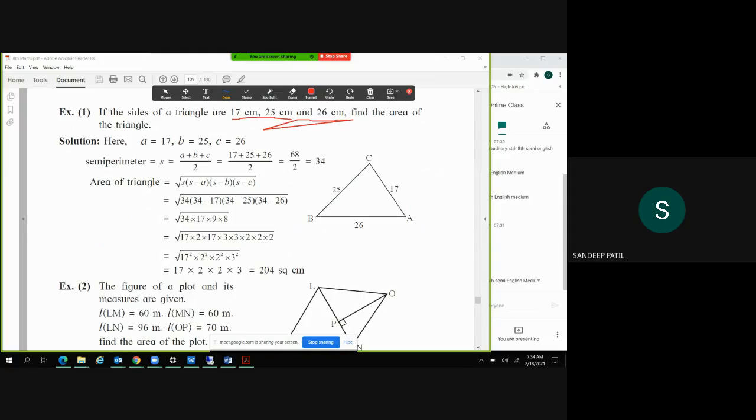We know A, B, and C, and any value can be interchanged between A, B, C. We can put A as 26 also. So the semi-perimeter becomes (A plus B plus C) by 2, that is (17 plus 25 plus 26) divided by 2, so it becomes 34. Now we know the area of the triangle is the square root of S, S minus A, S minus B, S minus C.